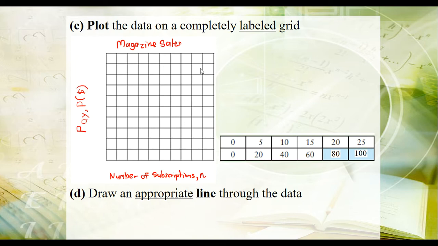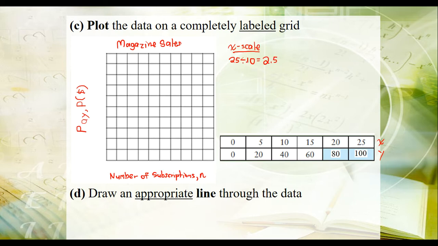Now we need to create an x scale and a y scale. So for the x scale, take the biggest x value. Again, here are my x values, here are my y values. That's 25. Divide that by the number of squares on the grid, so that's divided by 10. 25 divided by 10 would be 2.5.